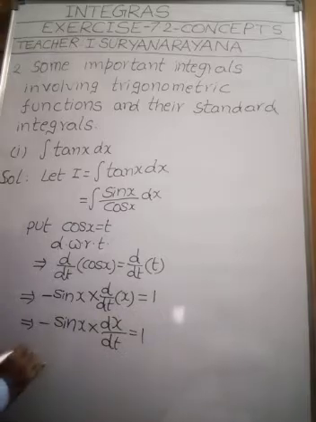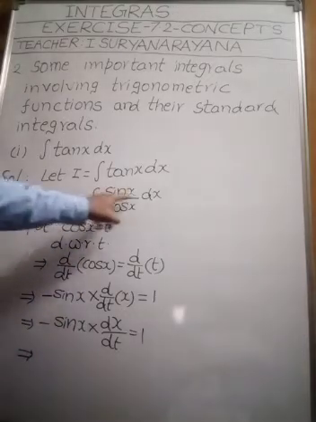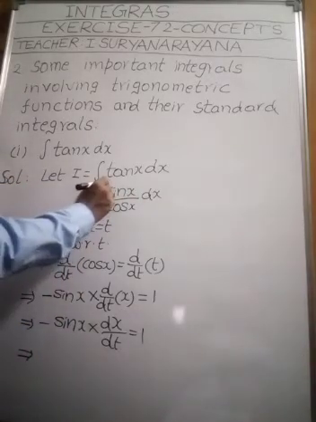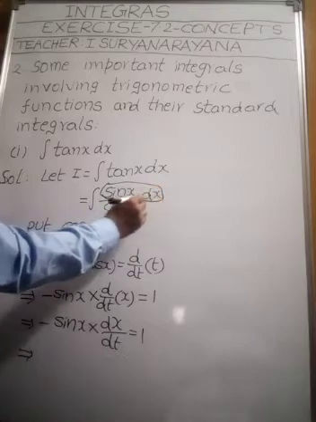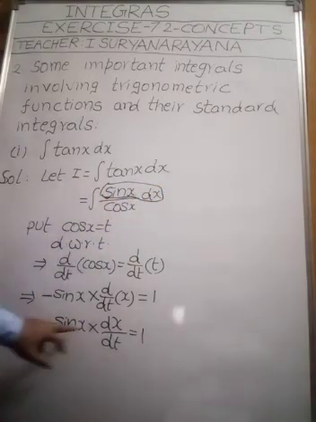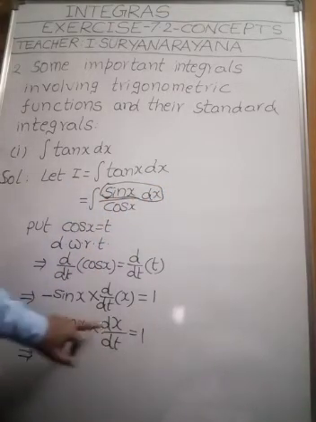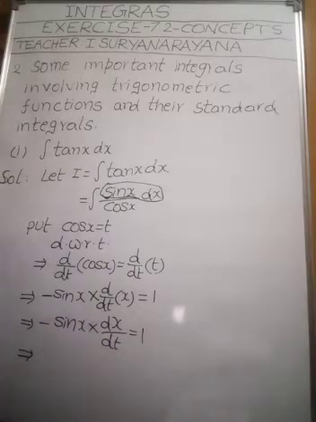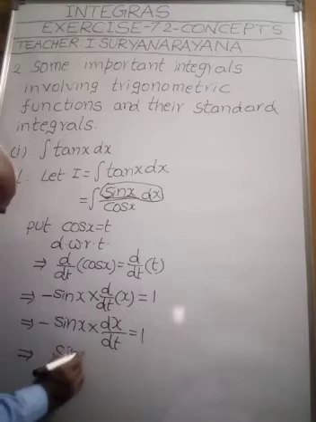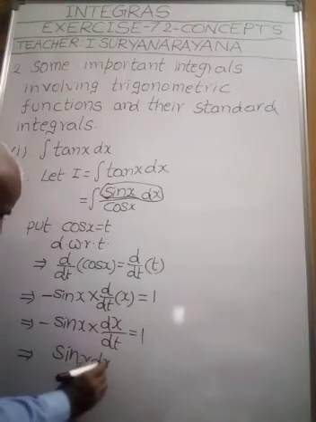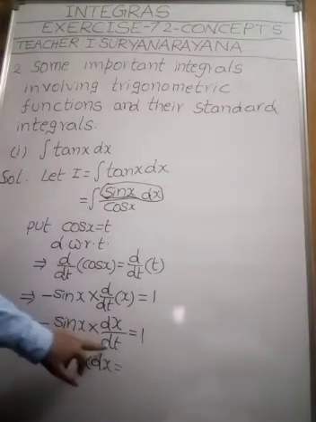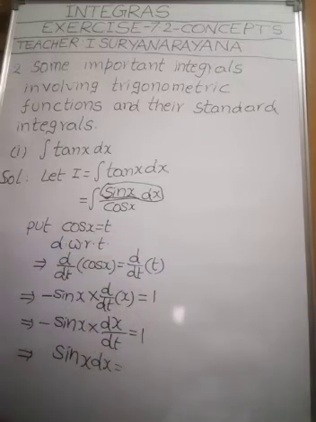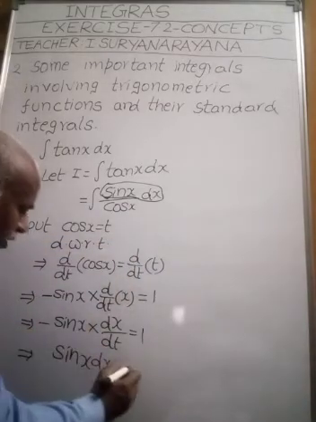Right. This implies, if you observe this one, here sin x dx is there. So let us find the value of sin x dx from this step. Then what will you get? Sin x dx is equal to, we are sending minus 1 by t that side. So what will you get here?